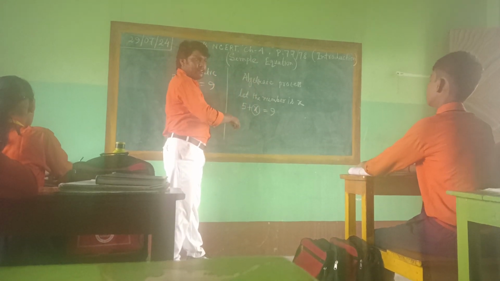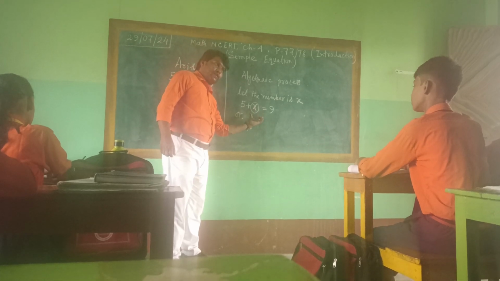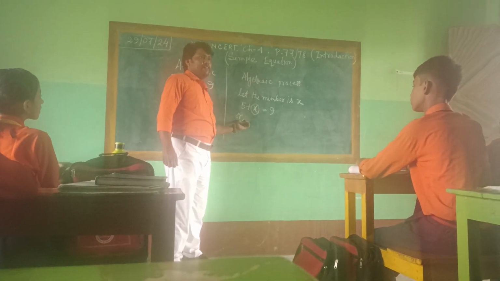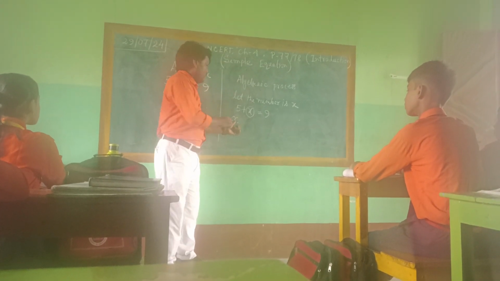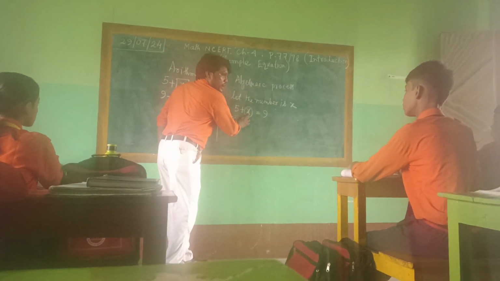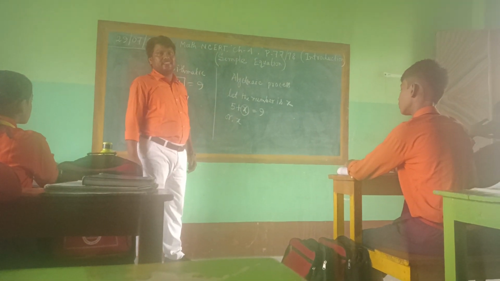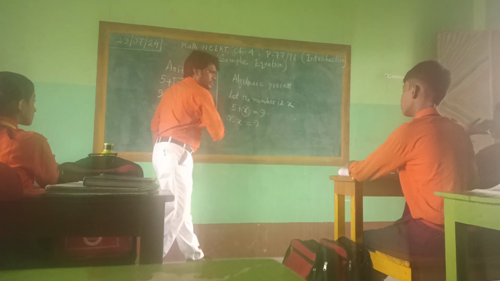Though it is an equation, they have used an equal sign, so at first you should write an arrow sign. Which value do you have to find? x. So x remains on the left side, and equal to 9 is on the right side.